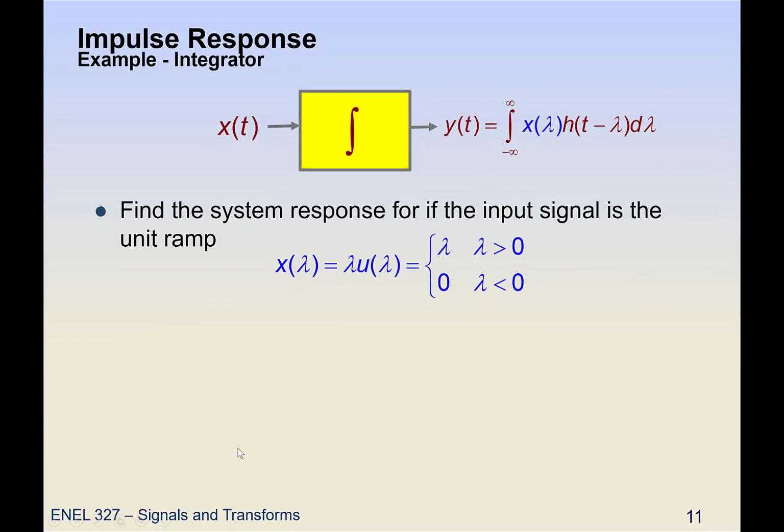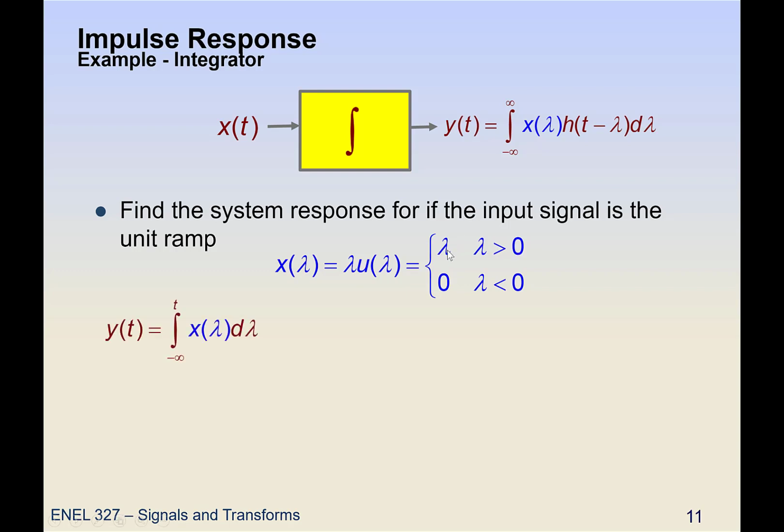Okay, so now we're going to find what the response is when our input is defined as a unit ramp. So we want to put this in terms of lambda because we need to stick it under an integral. So remember that the ramp is defined as lambda times a unit step for lambda greater than 0.